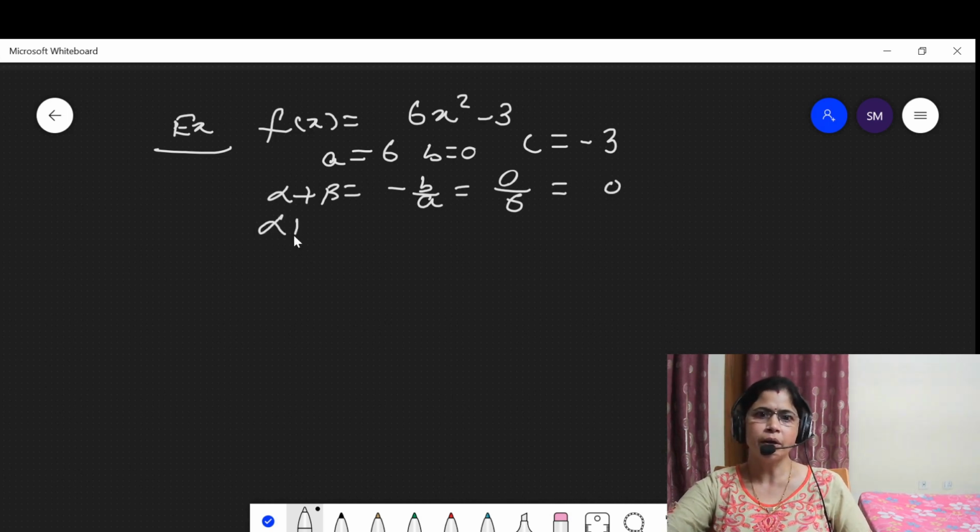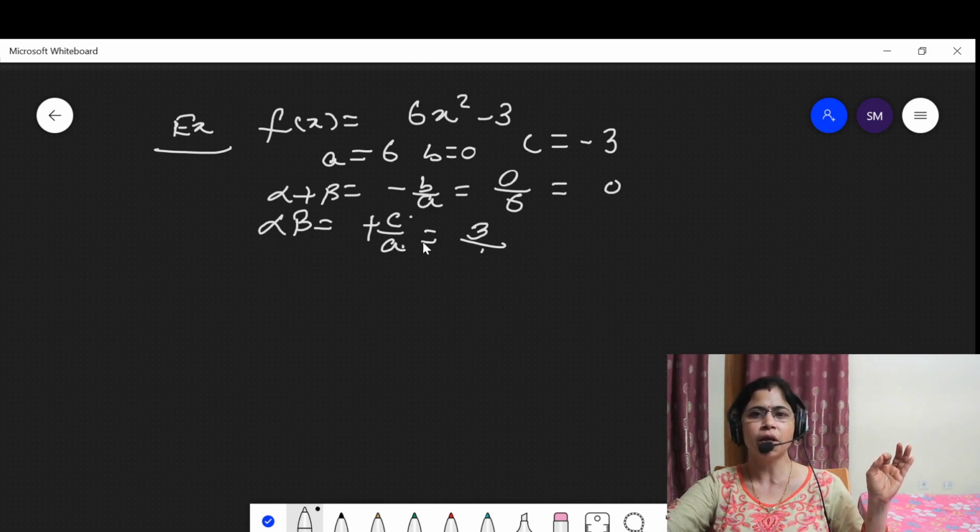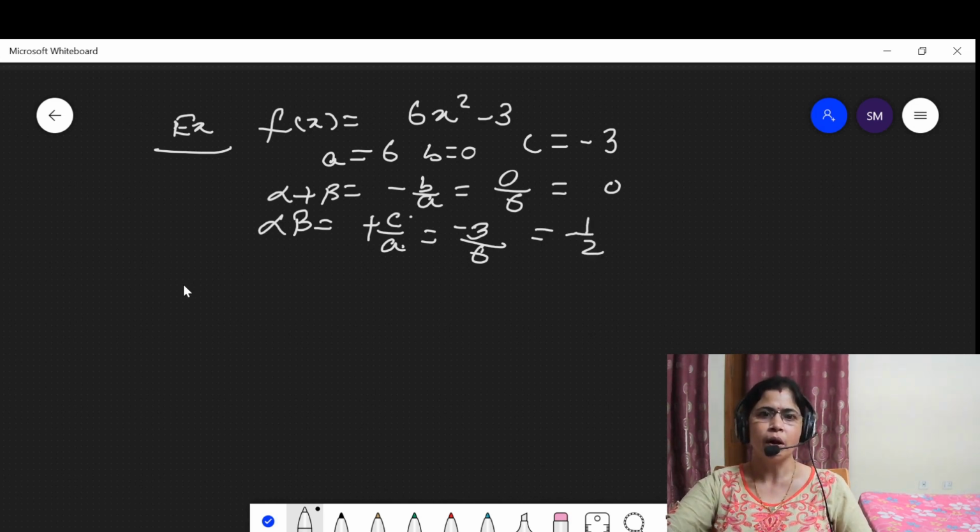Then alpha into beta is c upon a. Sorry, alpha into beta is c upon a, which is minus 3 upon 6, which is equal to minus 1 upon 2. Now let us solve the polynomial to get the values of alpha and beta.